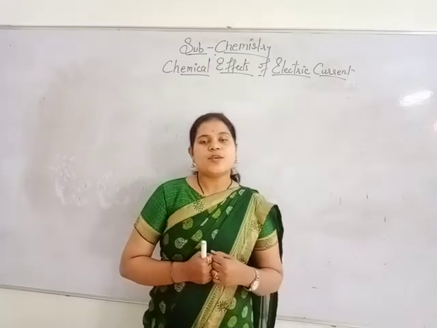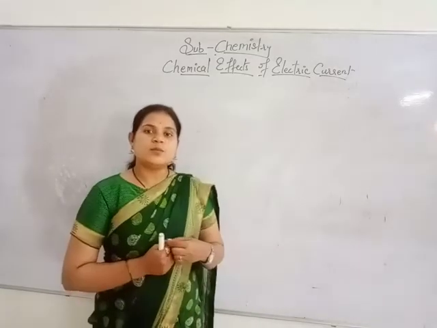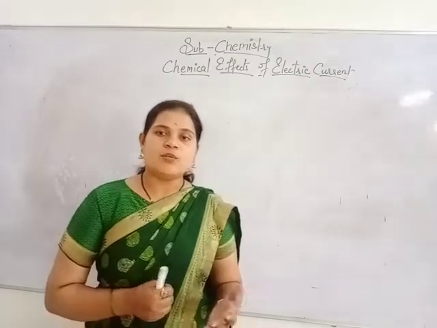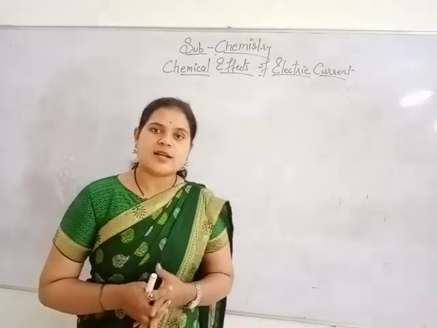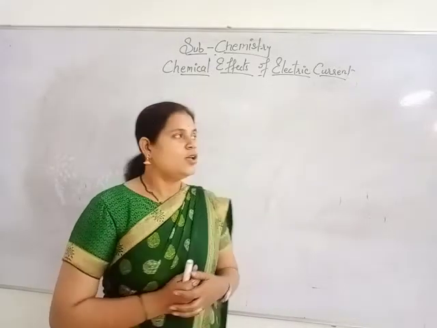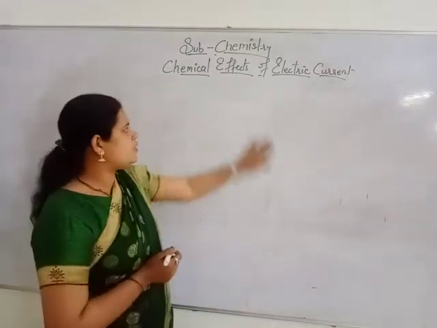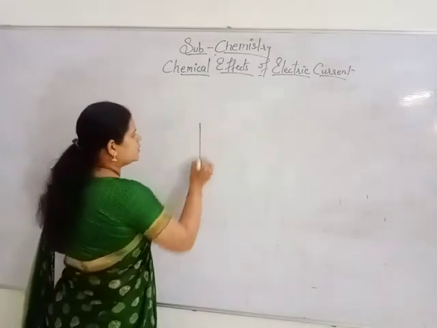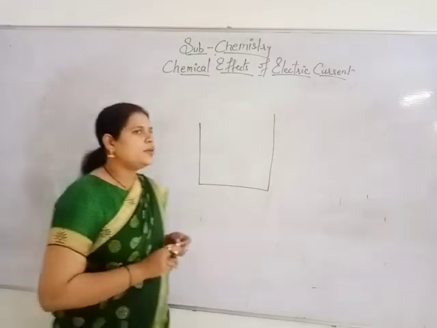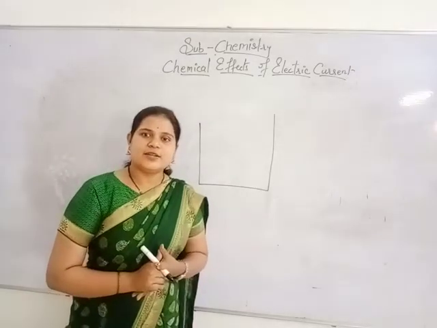Now today also we are going to perform one more experiment, and we will see what this experiment is about and what we have learned from it. In the very first place we have to take a beaker. Now this has to be filled with an electrolytic solution.